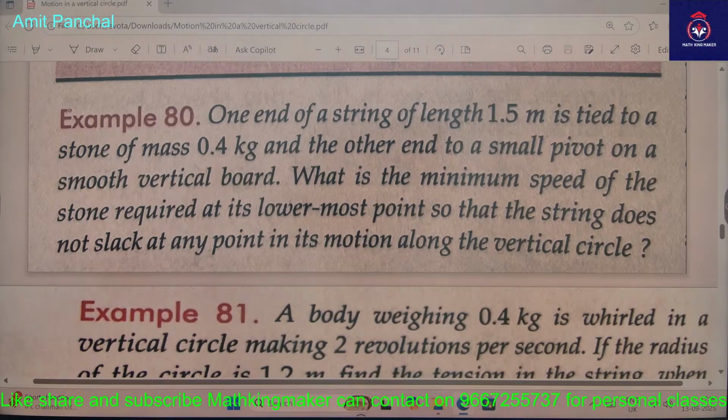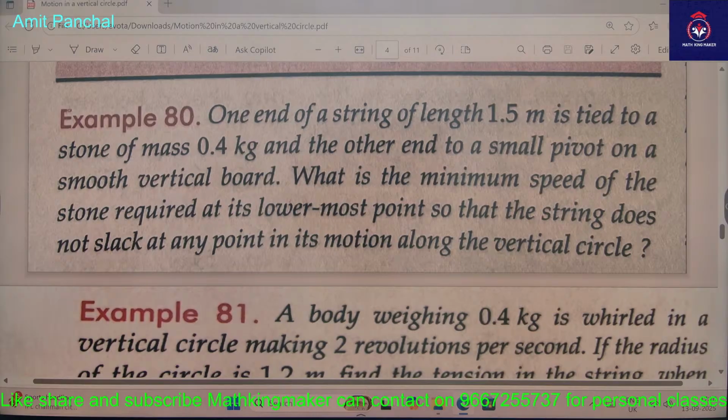Okay, one end of a string of length 1.5 meter is tied to a stone of mass 0.4 kg. So mass is given as 0.4, radius is given as 1.5, g is given as 9.8. The minimum speed required at the lowermost point. What was the formula? v square is equal to u square minus 2gh.